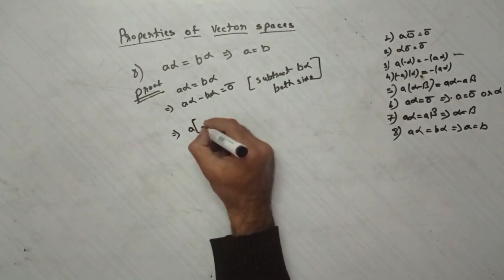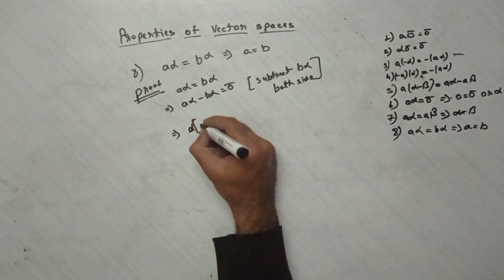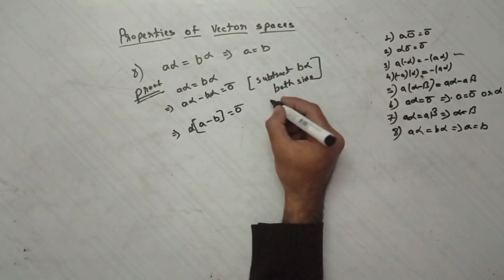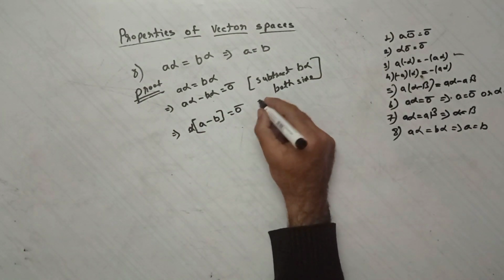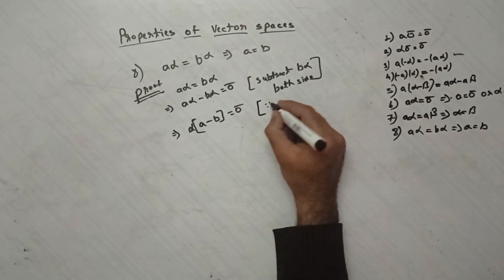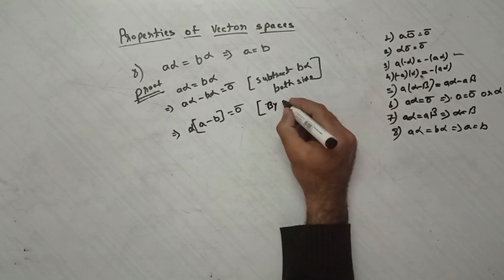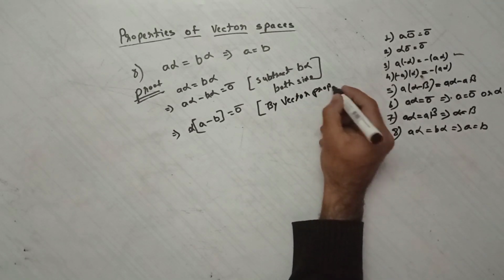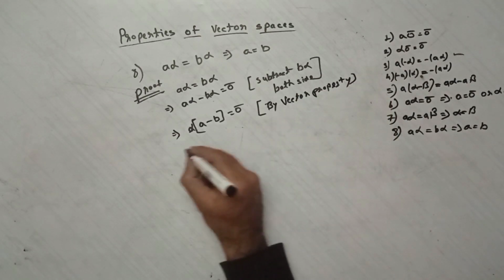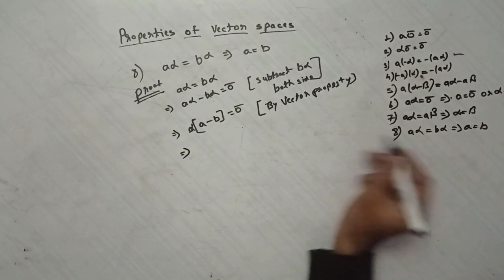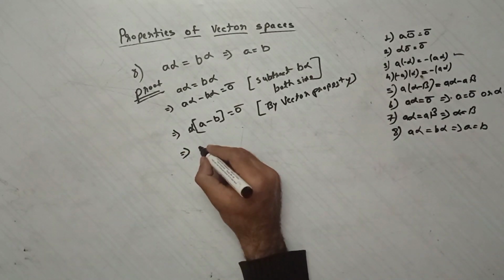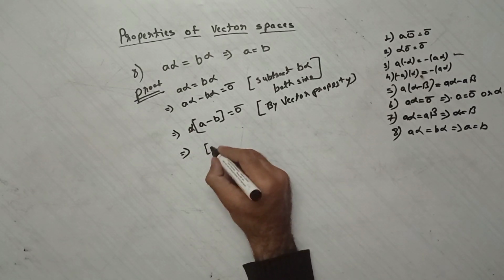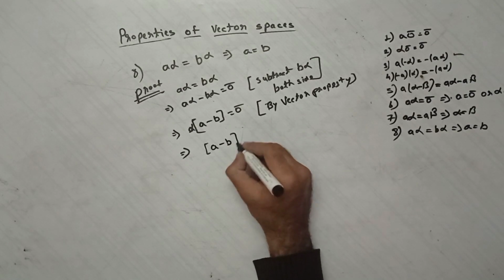Again we take alpha common, so alpha times (a minus b) equals the 0 vector. By the above theorem, property number 6 tells us that if this one is 0 or this one is 0, then a minus b equals 0.